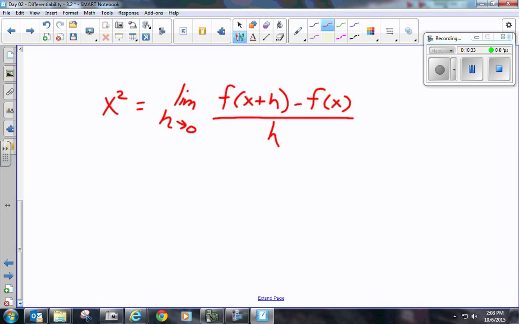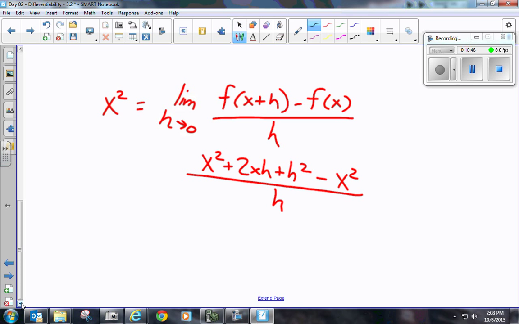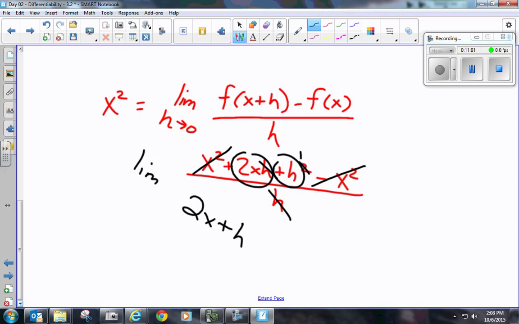So I've got x squared plus 2xh plus h squared, minus x squared, all over h. If you did this right, this term should cancel with this term, there's an h in everything that's left, and this one's a 1. So what I'm left with is 2x plus h, and don't forget it's the limit as h approaches 0.